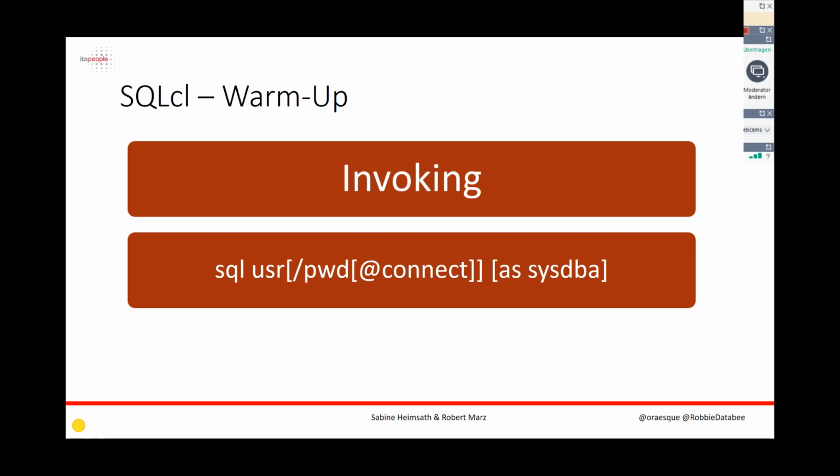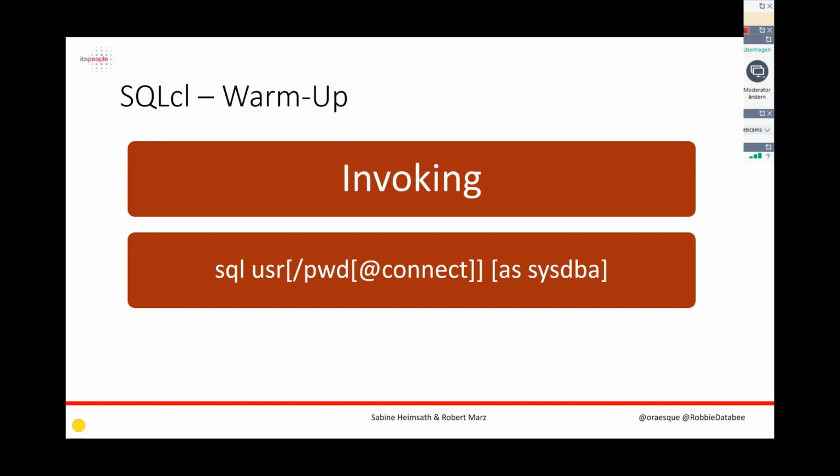Well, I hope everyone knows how to use SQL*Plus. So in that case, you just use it as you're used to invoke SQL*Plus, but you type fewer characters in the beginning. If you look at the lower line, you see SQL, space, and then the user. That's the easiest.